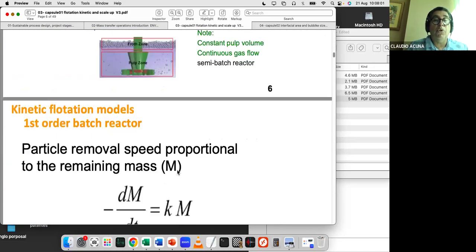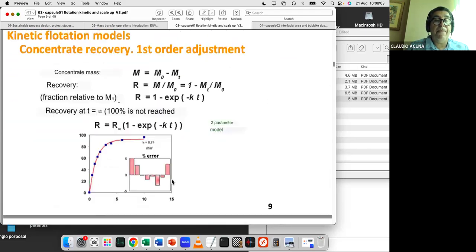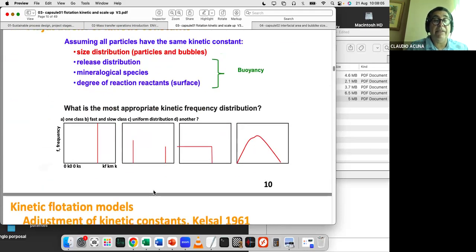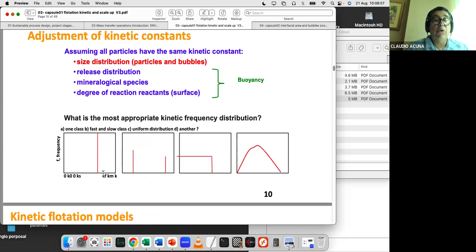It's important also to understand this part, because usually we have a single K value, but in reality, if we have a single K value, we're saying that all the particles have exactly the same size, all the particles have exactly the same liberation, all the particles have the same reagent coverage, and all the bubbles are the same.